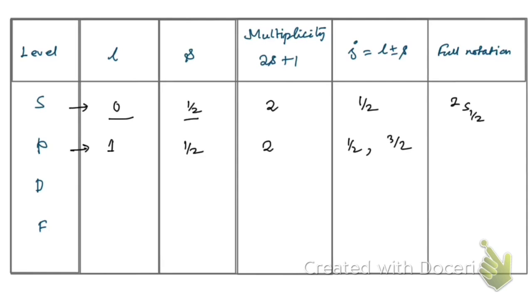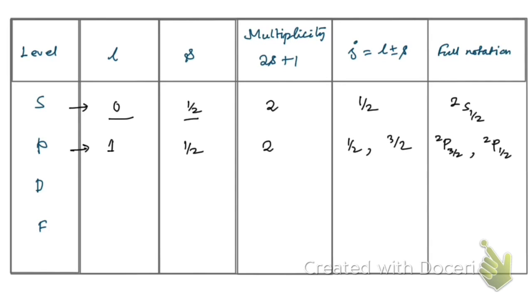So multiplicity is 2. So here this p orbital is split into 2p 3 by 2 and 2p half. Okay, so hope you have understood this.